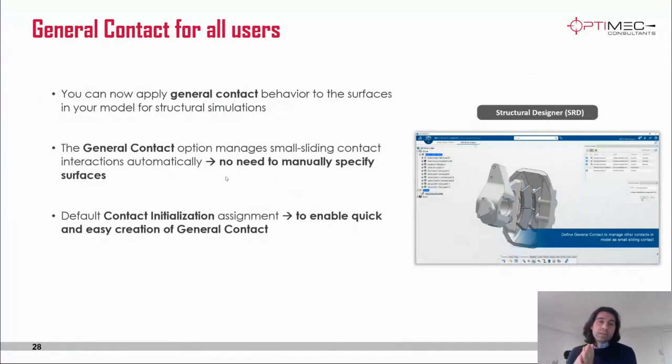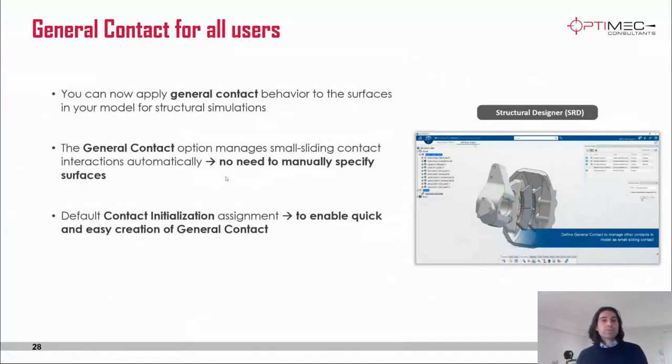So what they did is they extended this feature, which is basically for expert users, to designers or people who don't have that FE experience when creating some analysis. And for general contact, they added some nice features to allow an easier setup. So general contact is contact defined to all the parts in your model.